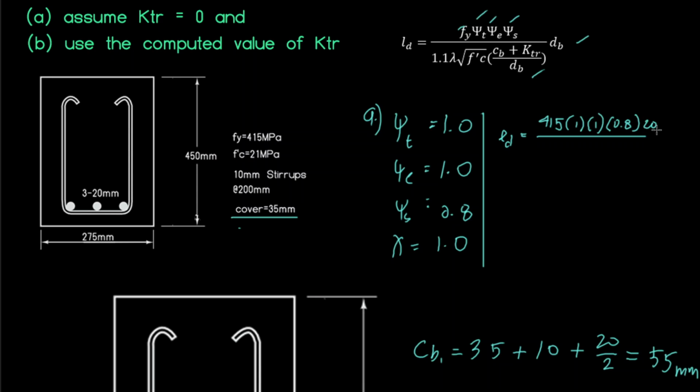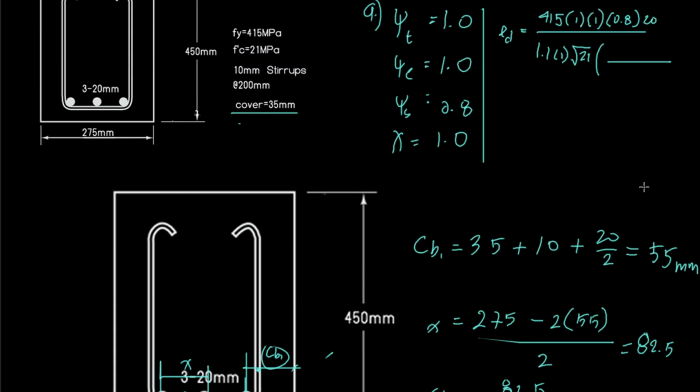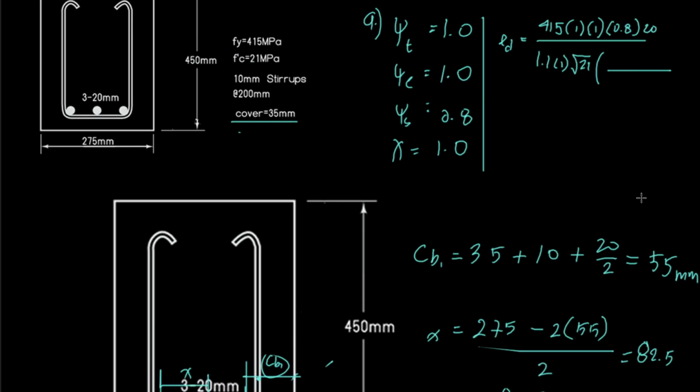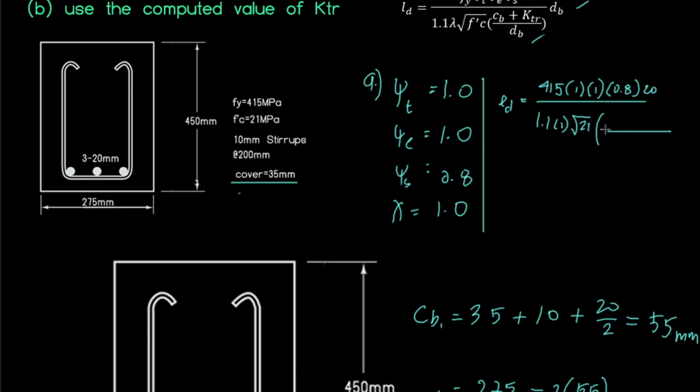Then yung diameter ng bar, which is 20, divided by 1.1, lambda is 1, then square root of 21 times yung factor natin. So CB, which is 41.25 plus 0 kasi wala naman tayong KTR, divided by 20.